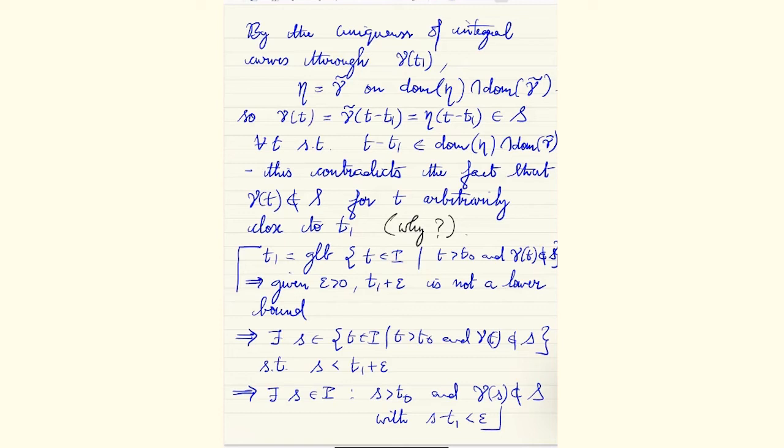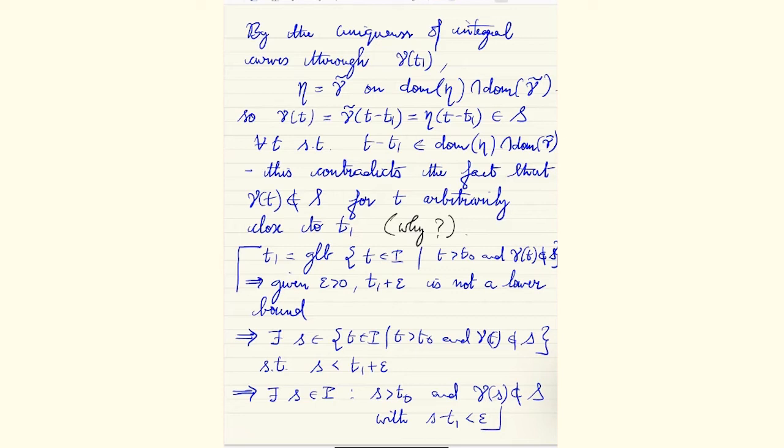So points arbitrarily close to T1, there are always points which don't lie on the surface. But our assumption showed that for every T such that T minus T1 is in the intersection of the domains, gamma T has to lie in S. So that contradicts the argument here in the brackets.